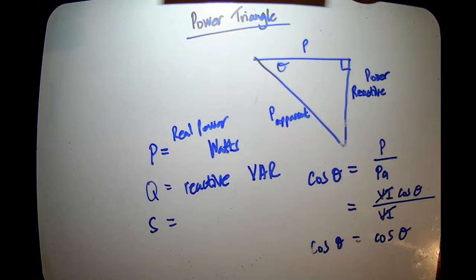And S is the apparent power, which is S equal to VI, with VA as the unit. Okay, so the unit for apparent power is VA. Reactive power is VAR, R for reactive. True power is also volts times amps, but we don't write VA, we write watts instead. And the symbols are P, Q, and S.